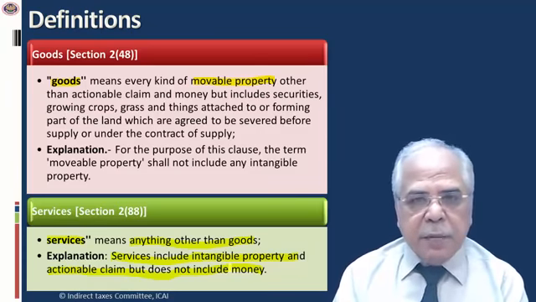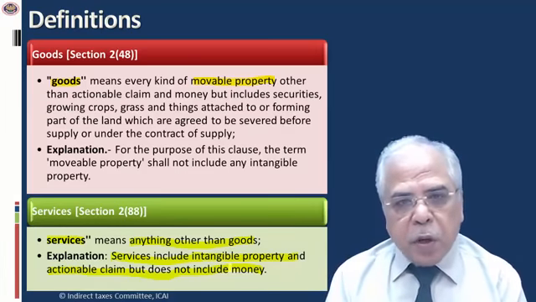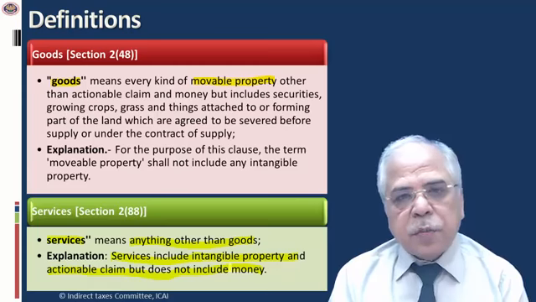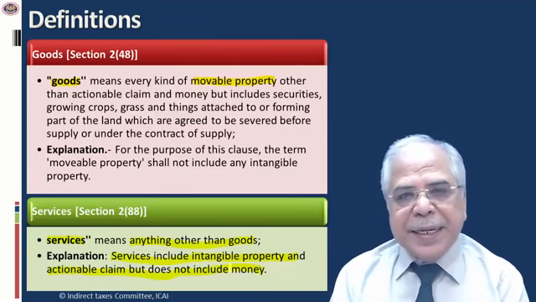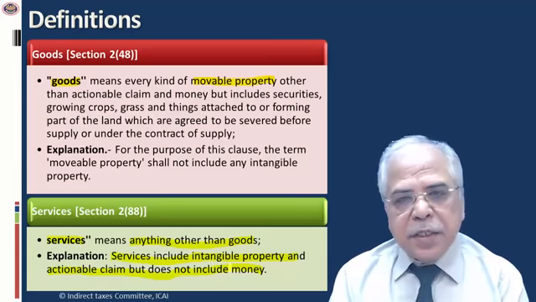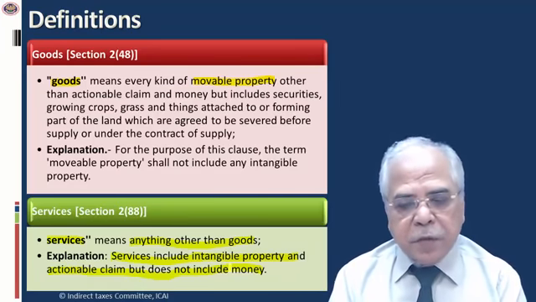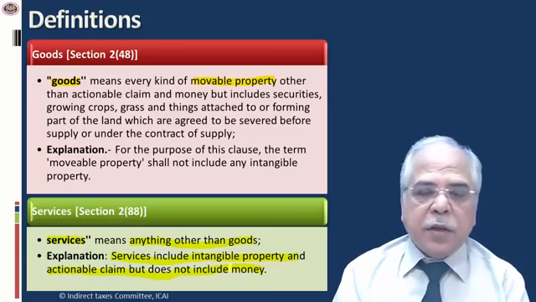And then actionable claim is also included in the definition of service. For example, lottery is held to be an actionable claim. So supply of lottery shall be treated as a supply of service and shall accordingly be taxed under GST. That means the rate which is applicable on the supply of services, but it does not include money.